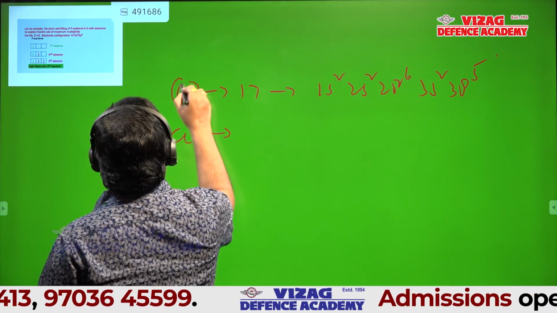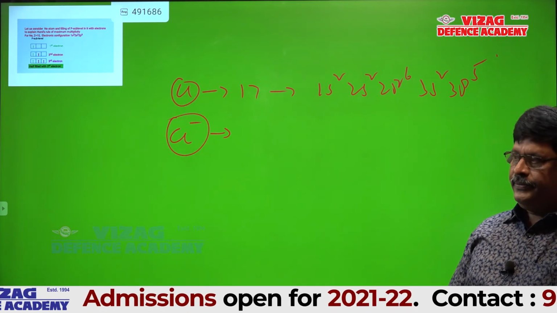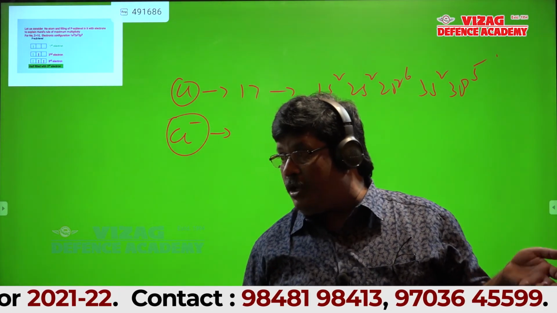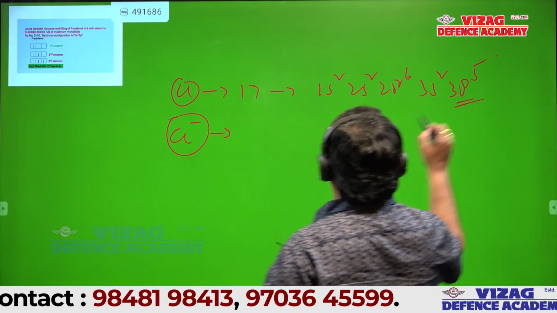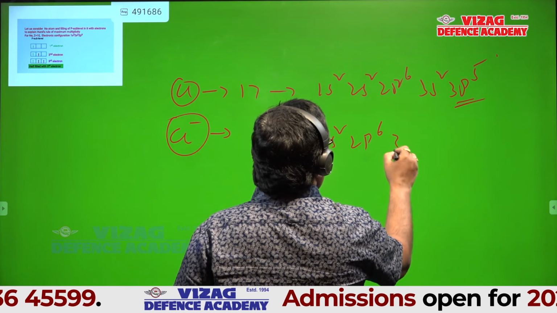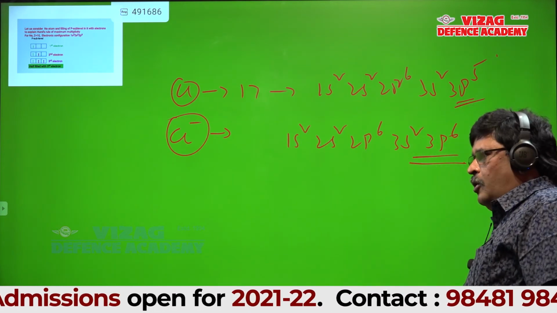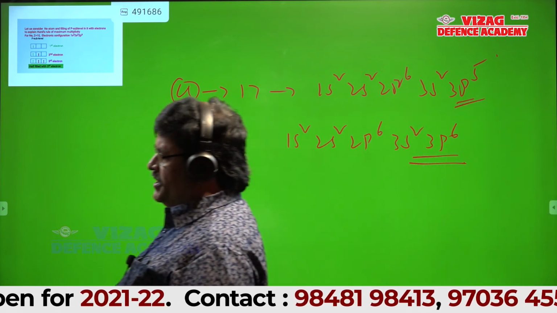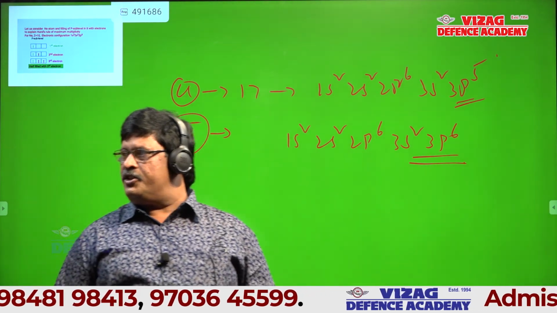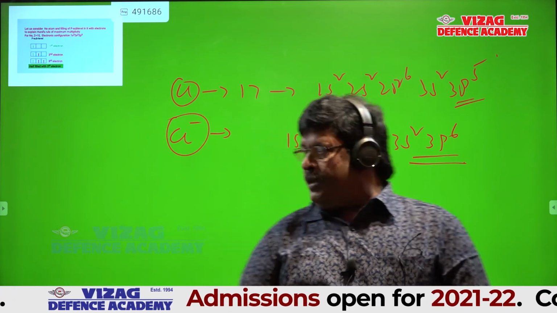How does chlorine convert into chloride ion, by gaining an electron or losing an electron? Gaining one electron. So you add one electron to the outer shell. The resultant chloride ion configuration is 3s2 3p6. Chlorine atom is 3s2 3p5, chloride ion is 3s2 3p6. Is it okay? Yes, sir.